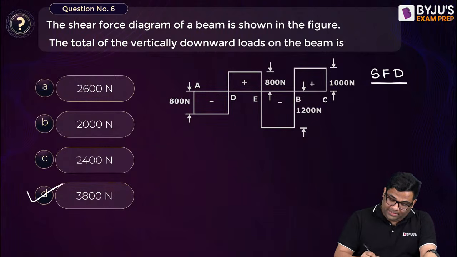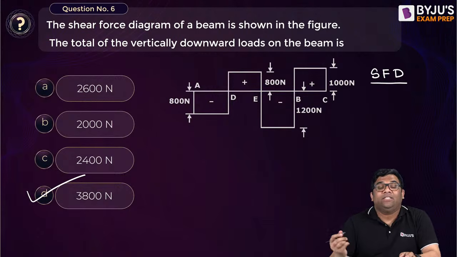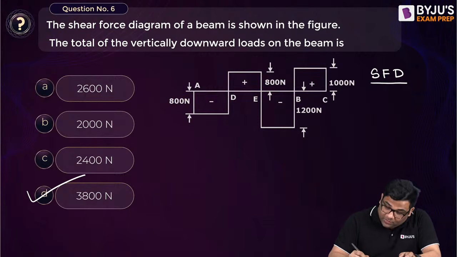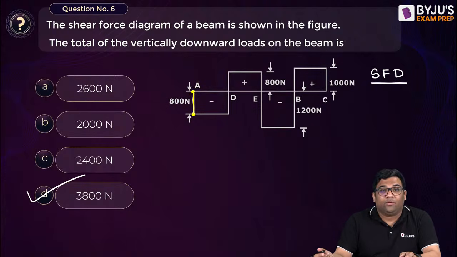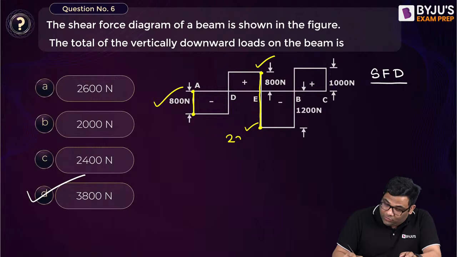Very good, 3800. You see, wherever there is a drop in shear force, this is 800, right? Again there is a drop of shear force. This is plus 800 to minus 1200, which is 2000. And again the drop is 1000.